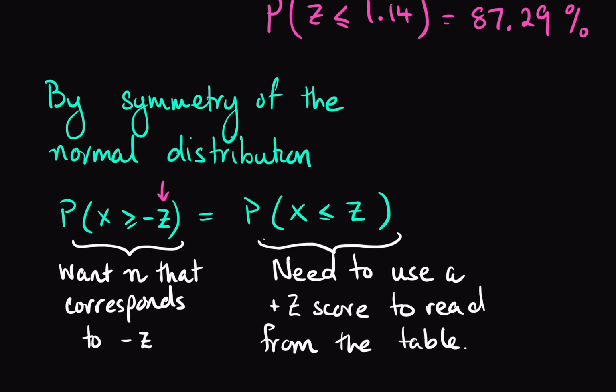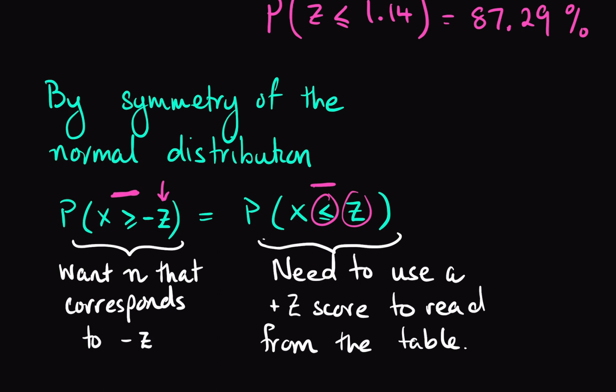Now, if we change the sign on that Z-score, so here I've got a positive, over here I had a negative, it doesn't matter if we switch them around. If we change the sign on our Z-score, we can change the direction for our probability. So we're going from wanting scores that were greater than a specific value over here, we now want the scores that are less than, and then we change the sign on that value. And this is the value that we can read from a table.